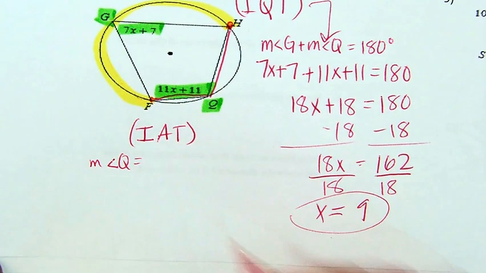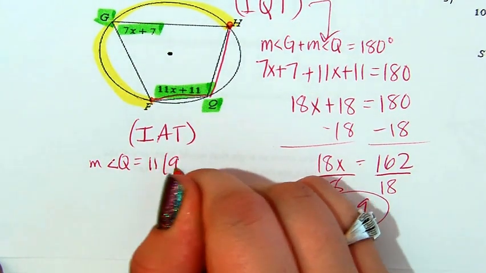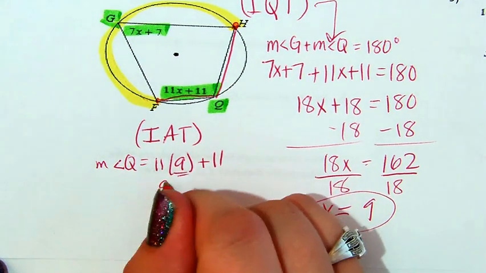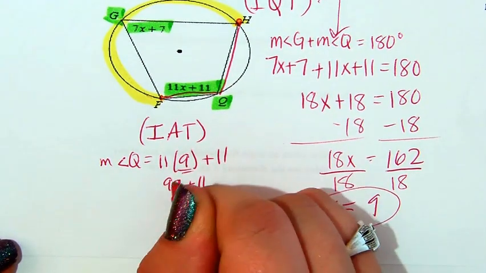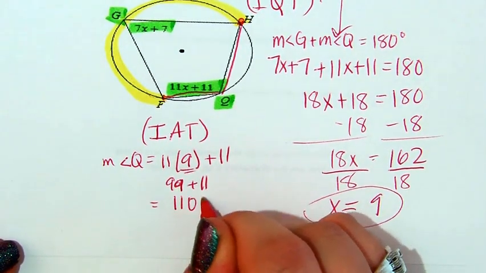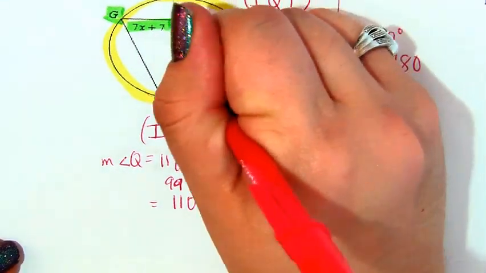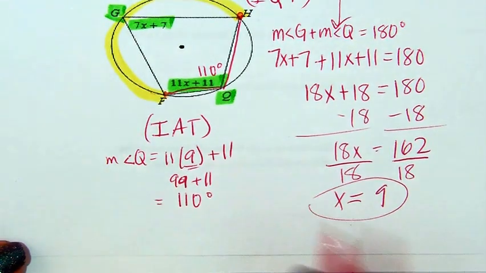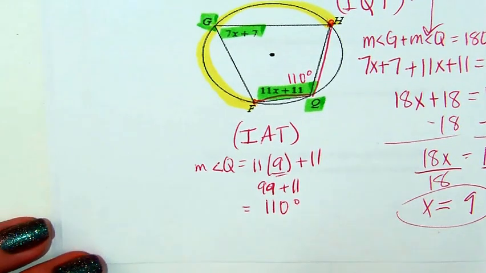The measure of angle Q is going to be 11 times 9 plus 11. This 9 came from what we just solved for. So we get 99 plus 11, which is 110 degrees. So this angle here is 110 degrees. Now to find this arc, let me move to this side here.